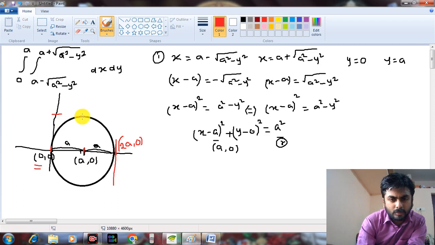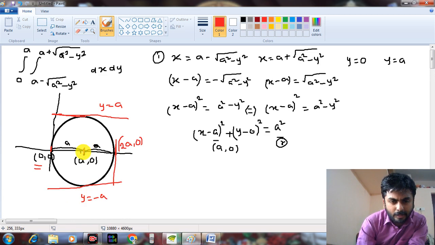This point represents y equal to a, and this point represents y equal to minus a, and this line is y equal to 0, and this line is x equal to 0.